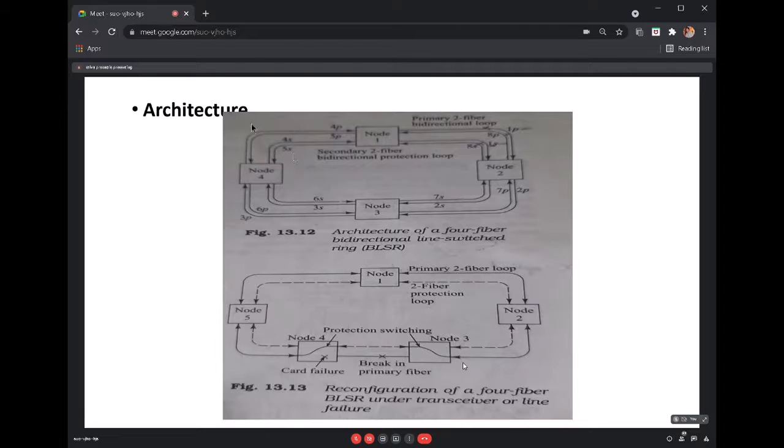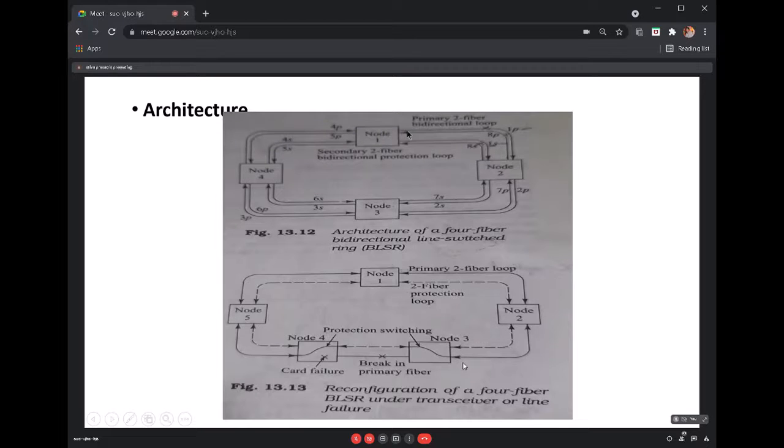Two primary fiber lines, with the segments 1P, 2P, 3P, 4P through 8P.